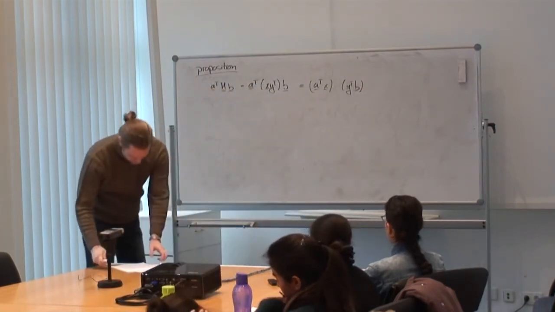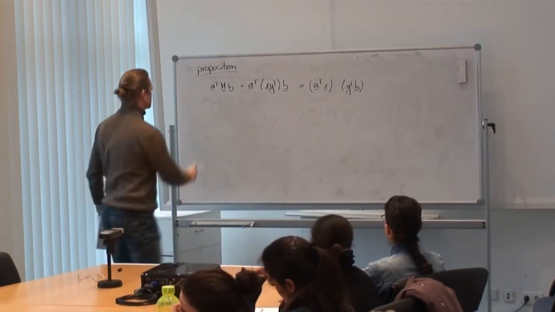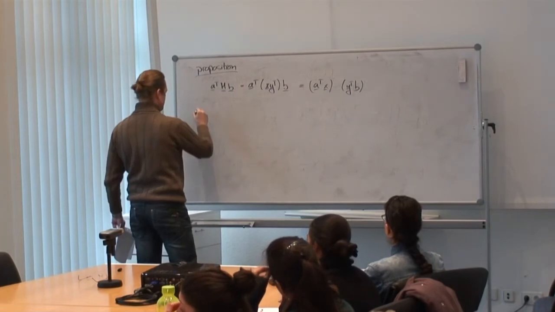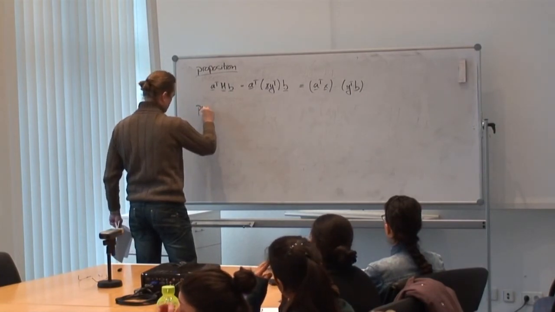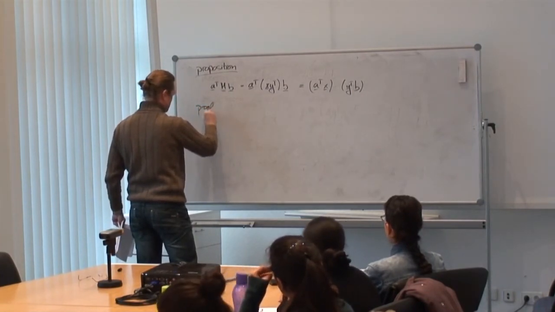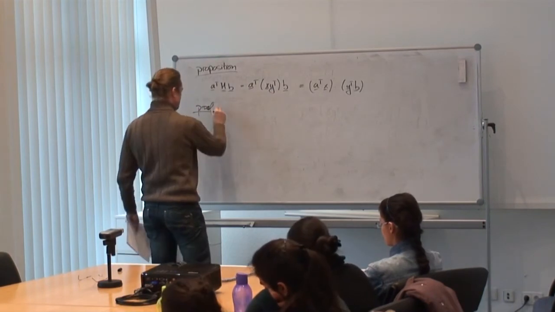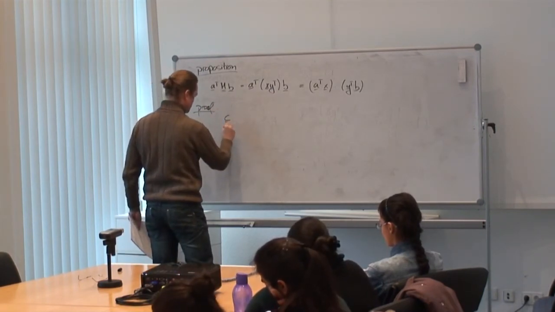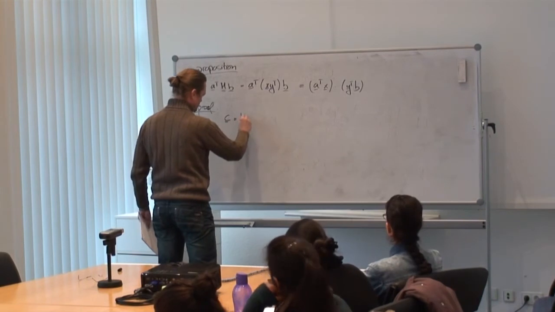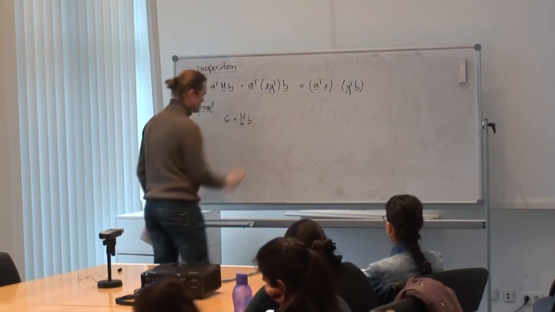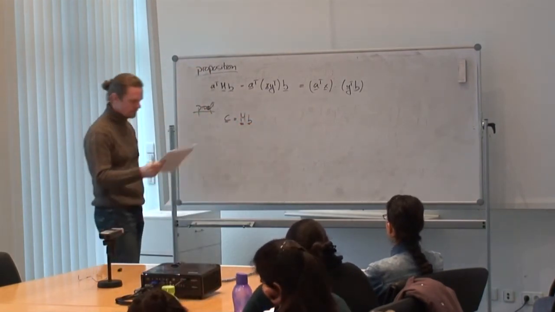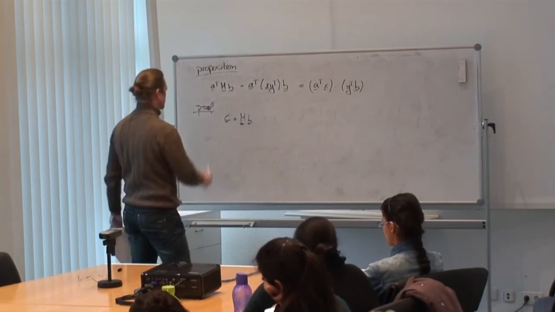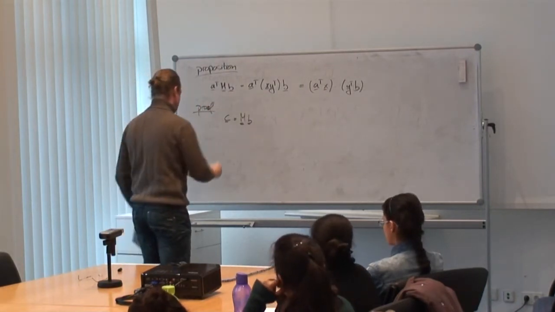So, I will introduce a new vector. Here's the proof. I will first introduce a new vector. This vector C is supposed to be this product between M and B, right? So what we're given here is A transpose times C.